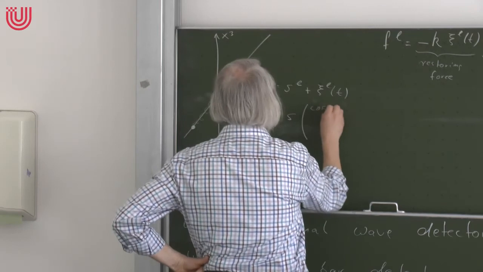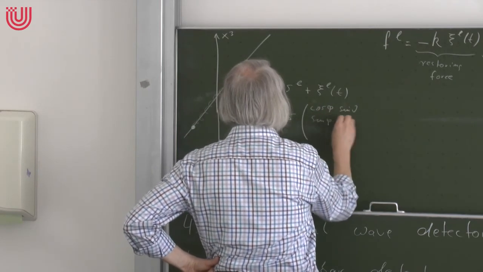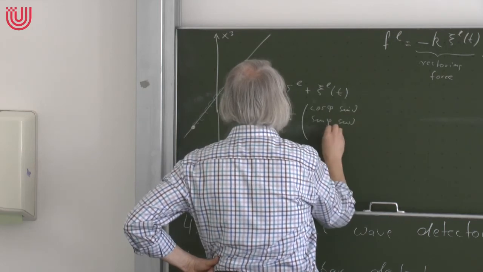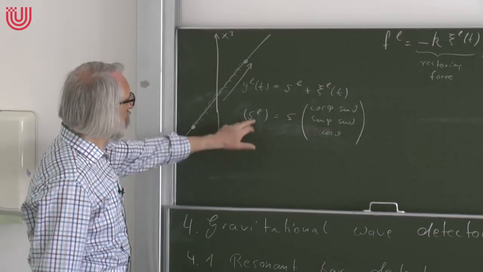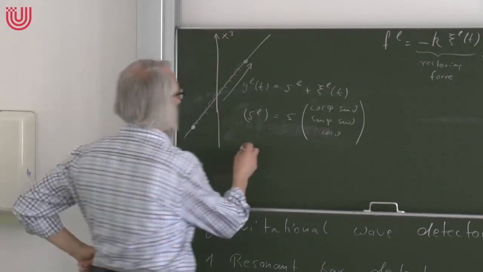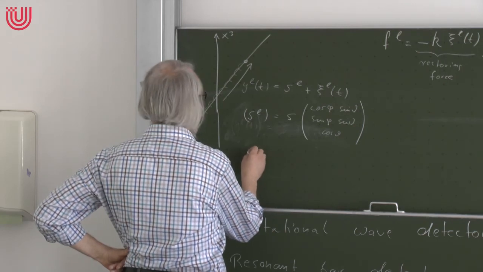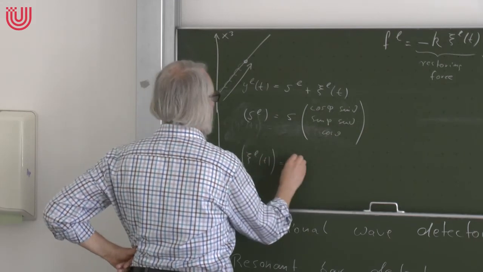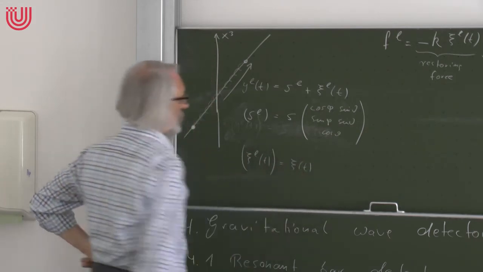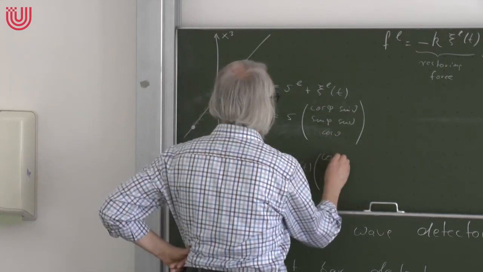So this would be cosine phi sine theta, sine phi sine theta, cosine theta. Okay? So these would be the 3 components of the SL. And the psi L, similarly, is a scalar factor psi of t times the same direction vector.